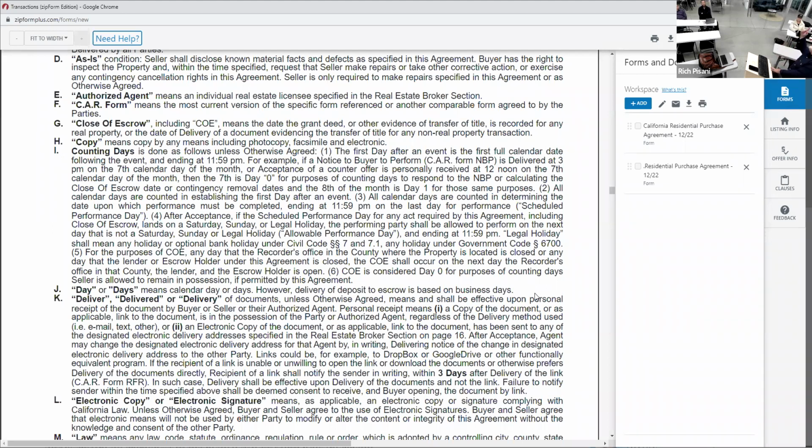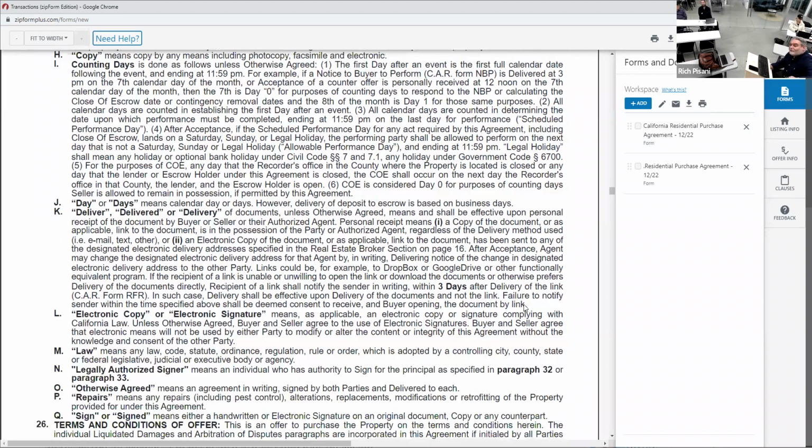So Monday, you have to give them Monday to perform. So on Tuesday, the seller would be able to cancel, or the buyer would be able to cancel, depending on who. And it doesn't matter what time of day you deliver it. It is a day, from midnight to 11:59 p.m. So the day of delivery is day zero. Yes. Okay.